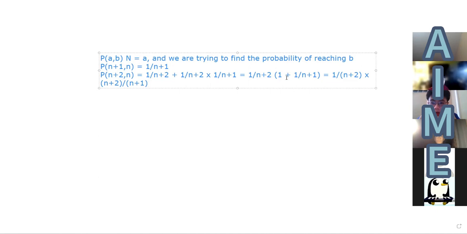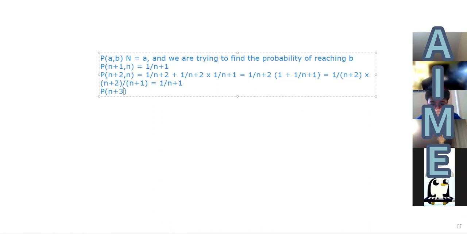And if we multiply this, the chance of getting from n plus 2 to n is going to be 1 over n plus 1. So it's the same probability as getting from n plus 1 to n. And now let's test a few more values.